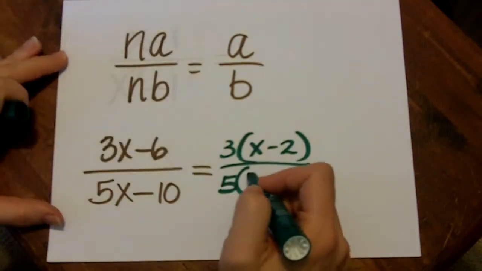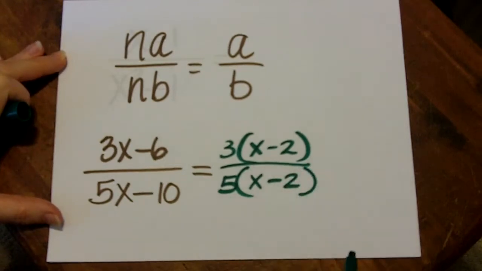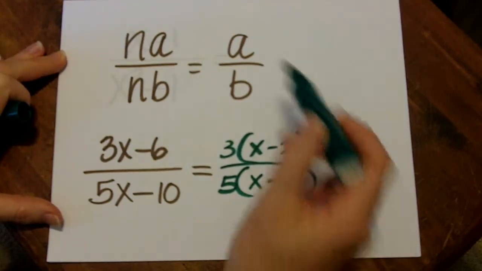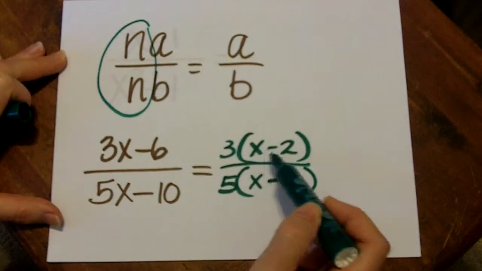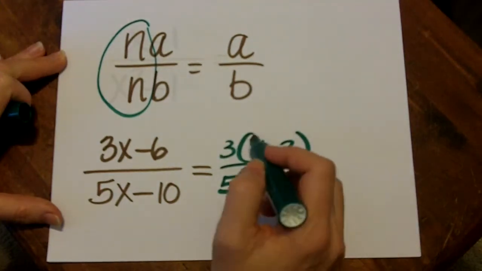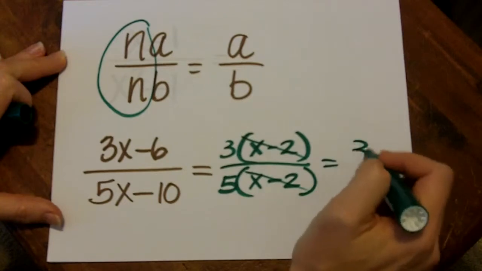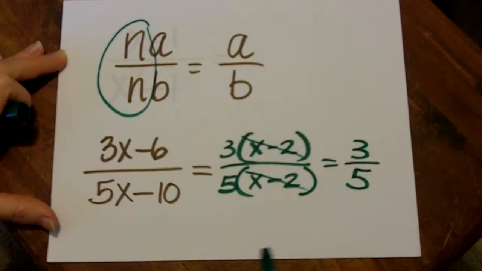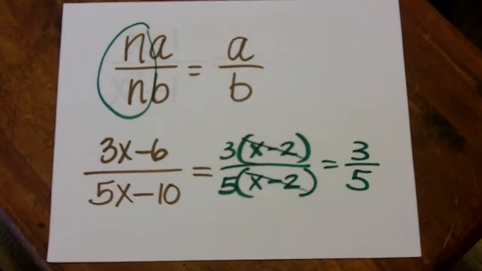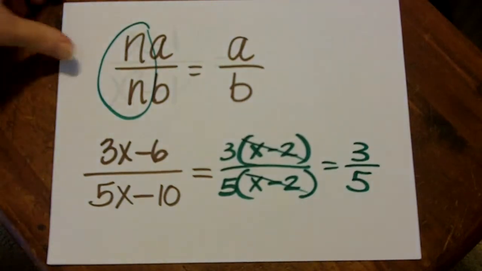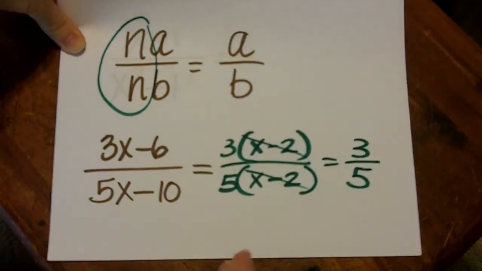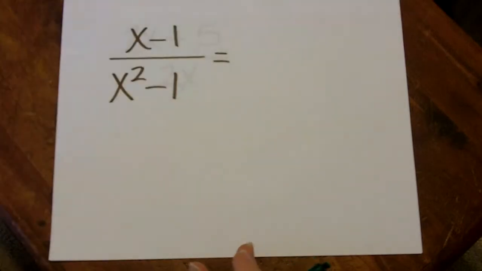And what do you have left? x minus 2. Now, do you see how this would be your n's, your x minus 2's? Okay, so because those are exactly alike, we can eliminate them, and we can simply reduce that algebraic fraction to 3/5. Okay, I think you might enjoy this chapter because it's really fun getting rid of common factors.